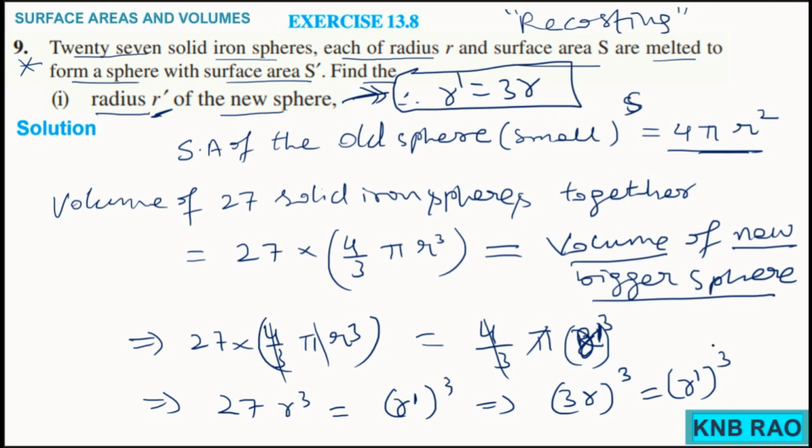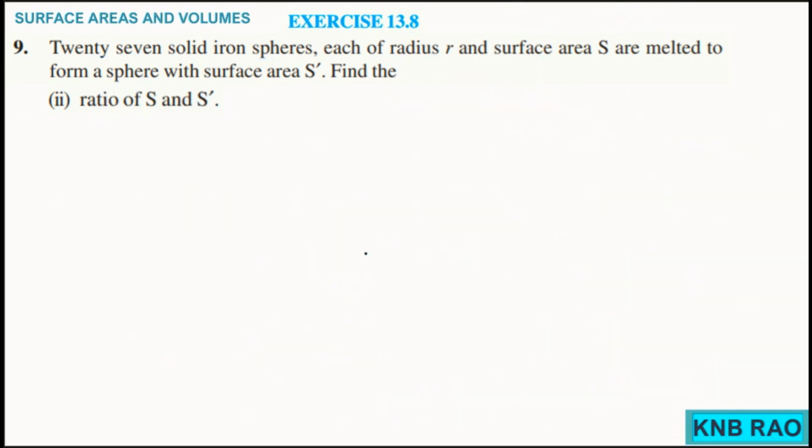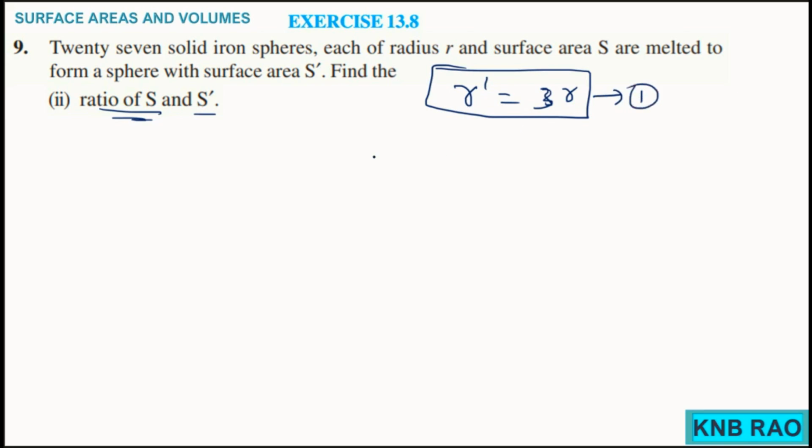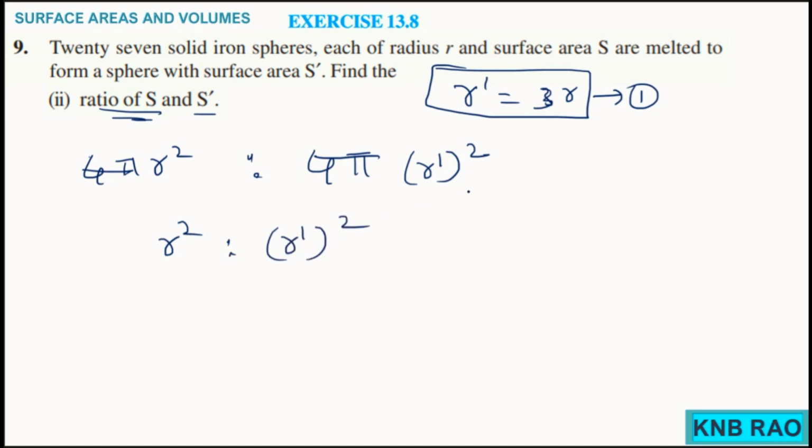Now moving on to sub question 2 in 9. Find the ratio of surface areas of this. See children, we have already got r dash as 3 times r. We will keep this as formula 1 aside. Then the surface area of the old one, 4 pi small r square, is to the surface area of the new one, 4 pi r dash square. So 4 pi cancels. So r square is to r dash square. Now from equation 1, r dash is 3r, I will substitute here.